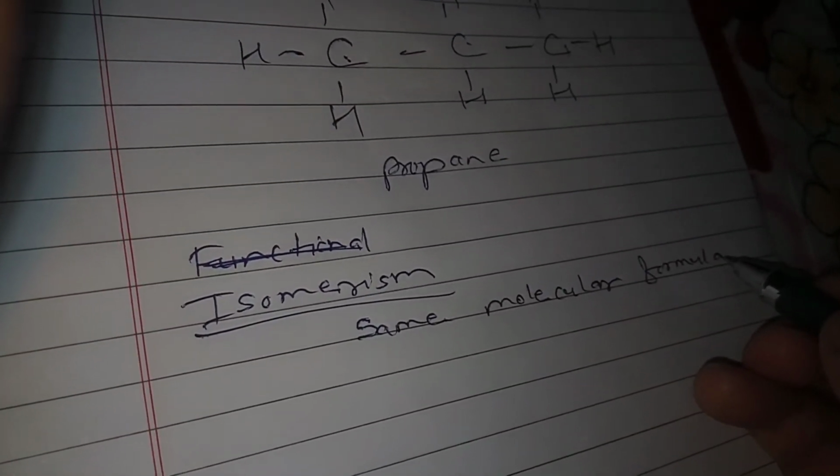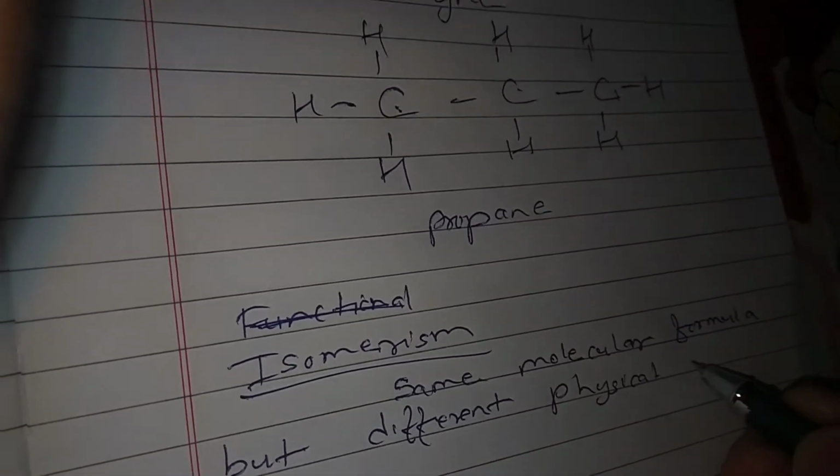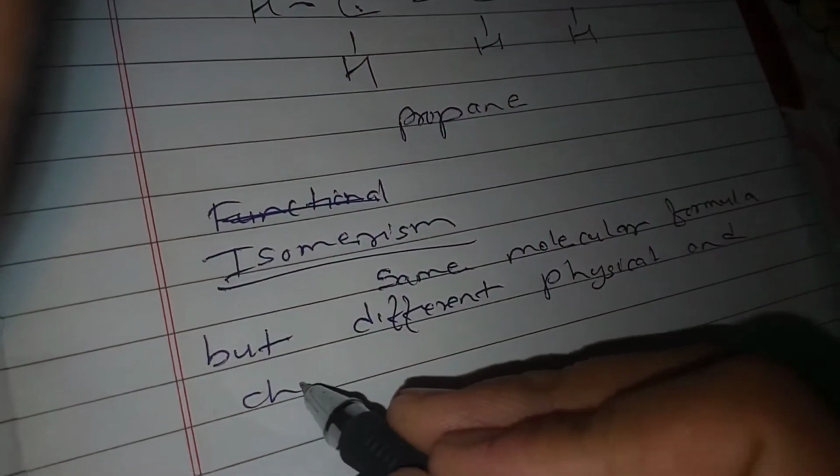What is the meaning of isomerism? The organic compounds which have the same molecular formula, okay, but different physical and chemical properties.